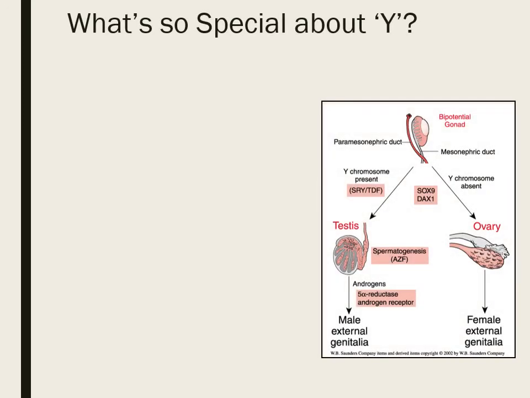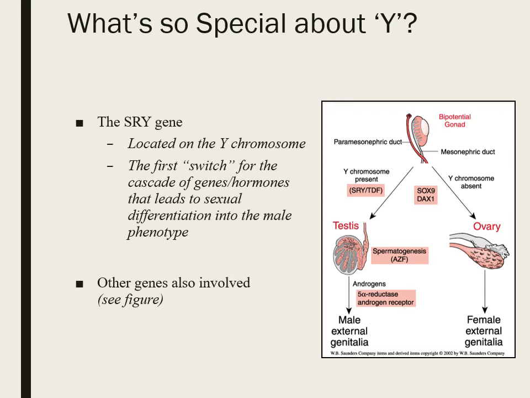So now let's talk about the Y chromosome. Early on, we talked about how if there's a Y, people develop as phenotypically male, and that is almost always the case. There is a gene on the Y chromosome known as the SRY gene, and you can think of this as the switch. It's the first thing that tells the body to develop as phenotypically male, because technically any child has the ability to develop as a male or a female.